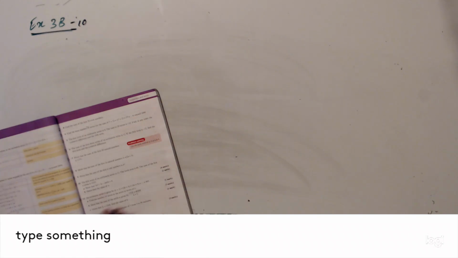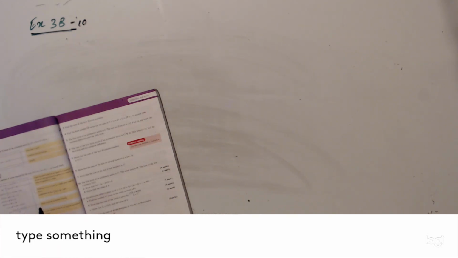Question number 10. The fifth term of an arithmetic series is 33. The 10th is 68. The sum of the first n terms is 2225. Show that this one and this one.